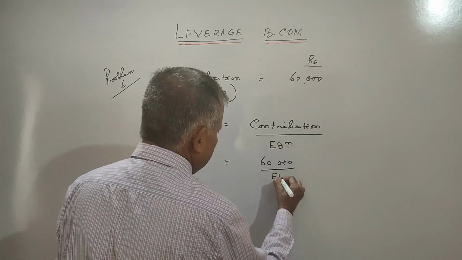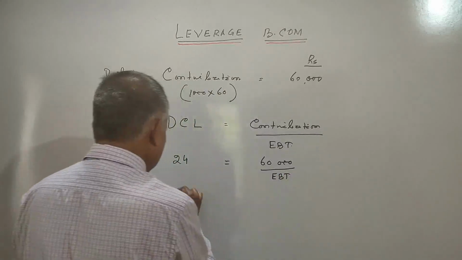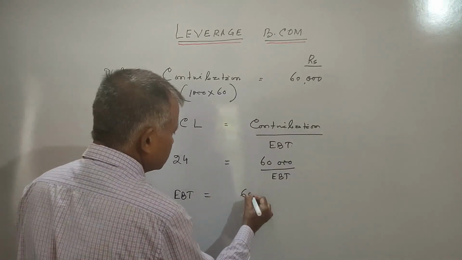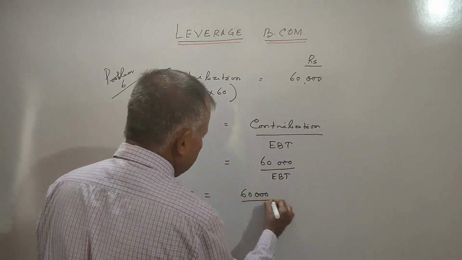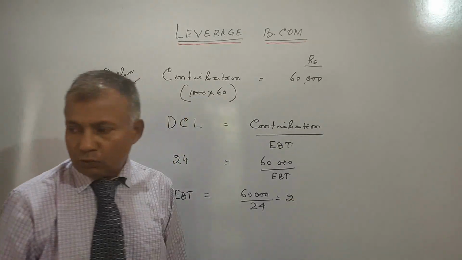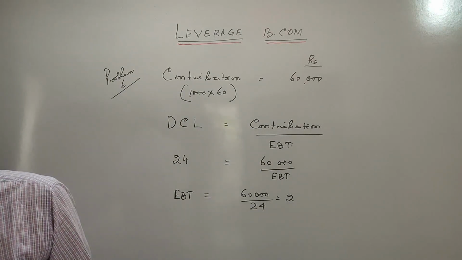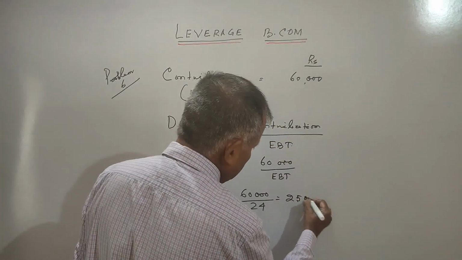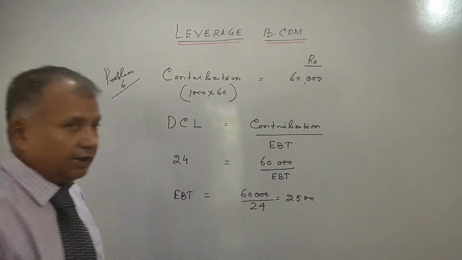This is divided by EBT. So EBT is equal to 60,000 by 24. It comes to 2,500. So EBT is 2,500.